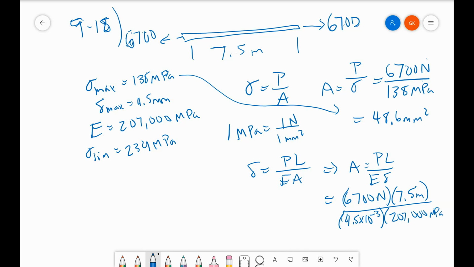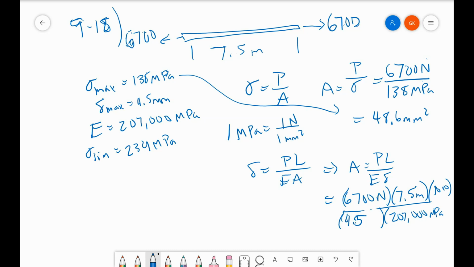Okay. I also realized here I need to convert this to millimeters if I want everything to work out nicely. So we'll make this into millimeters. Gotta make sure I do things right. 4.5. And this right here, I'm going to multiply by 1,000 to get it into millimeters as well.